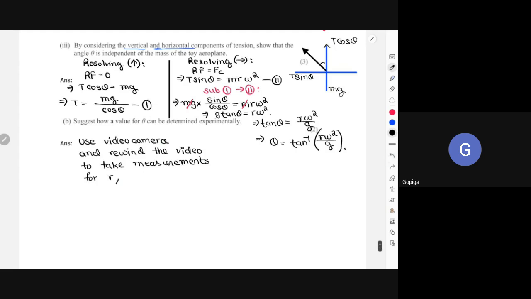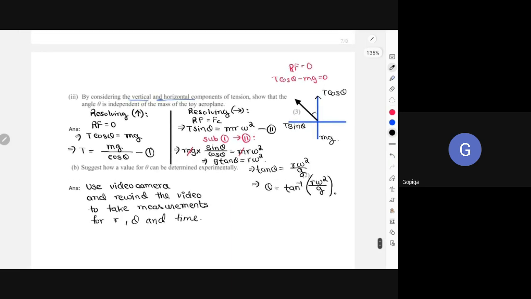Let's just break down omega. Omega would be angle and time. Okay, these are the only things. So radius, omega, and time. Right? These are the only things you have to calculate. Radius, theta, and time. Is there any problem till now?